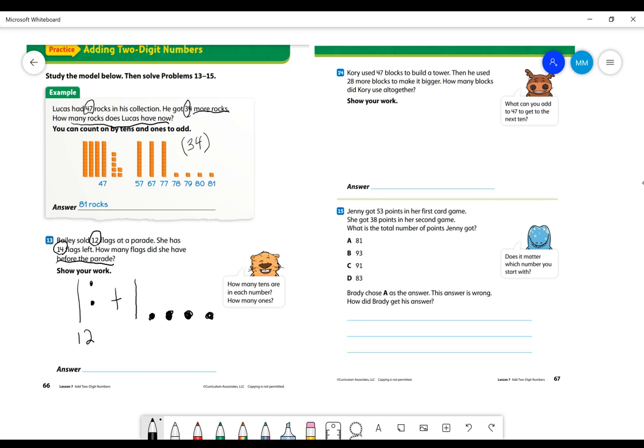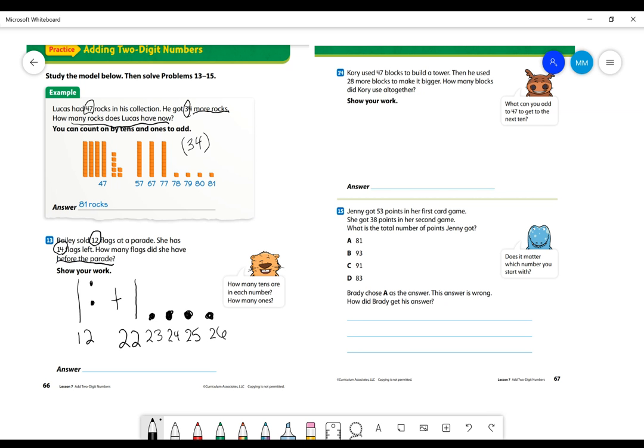So if I add 1 ten to 12, it's going to turn to 22. So 12 plus 10 more is 22. And now I'm counting by ones. So 22, one more would be 23, 24, 25, 26.